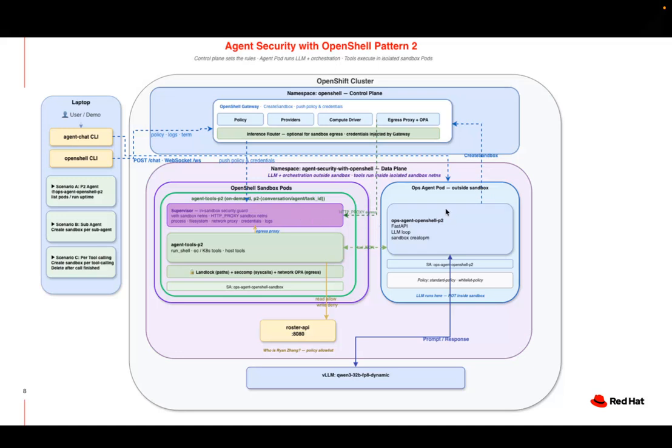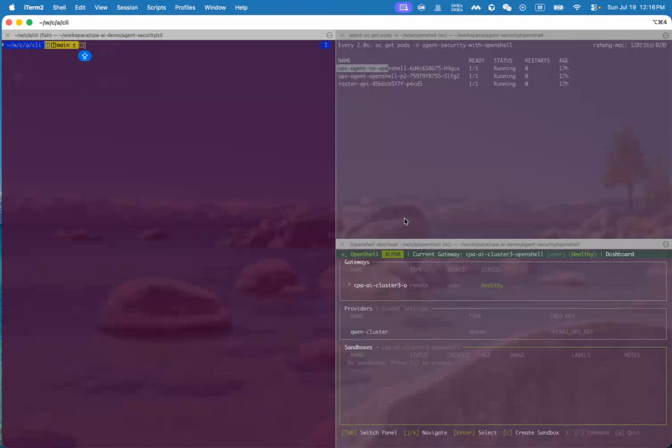You can also notice that the ops agent runs outside of the sandbox, but the agent tool calling, the execution layer, is inside the OpenShell sandbox. Basically, that's it. Let's jump into the demo environment.